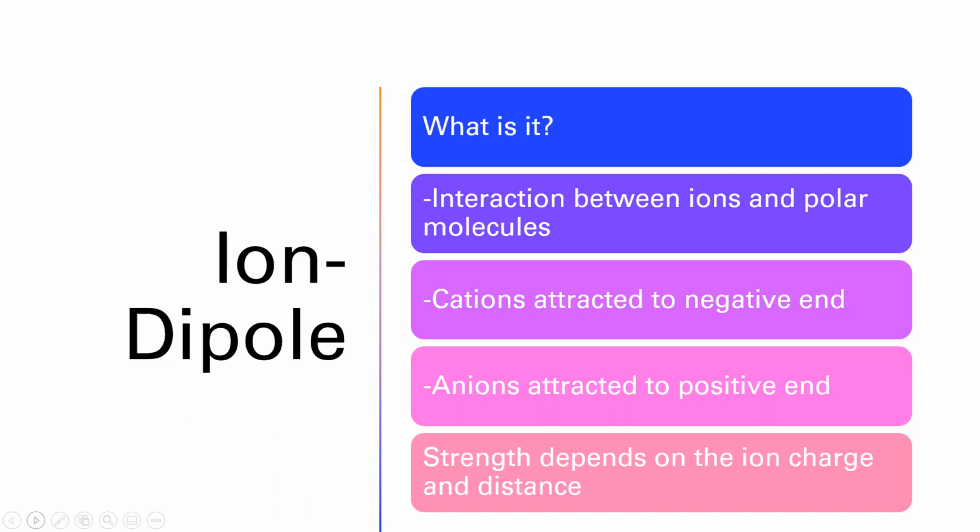And the distance. If we're closer, it'll be stronger. If we're further away, it's weaker. Because you can hold two very strong magnets in your hands, let's say a foot apart, and maybe have a little bit of a hard time pulling them apart if they're really strong.